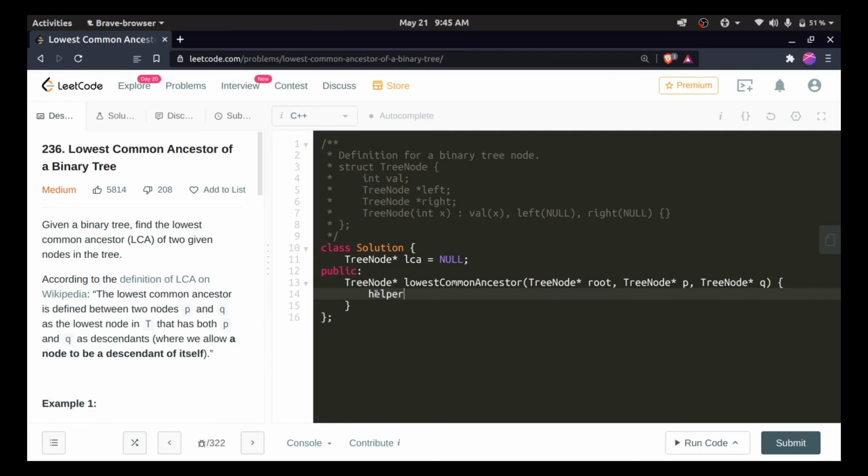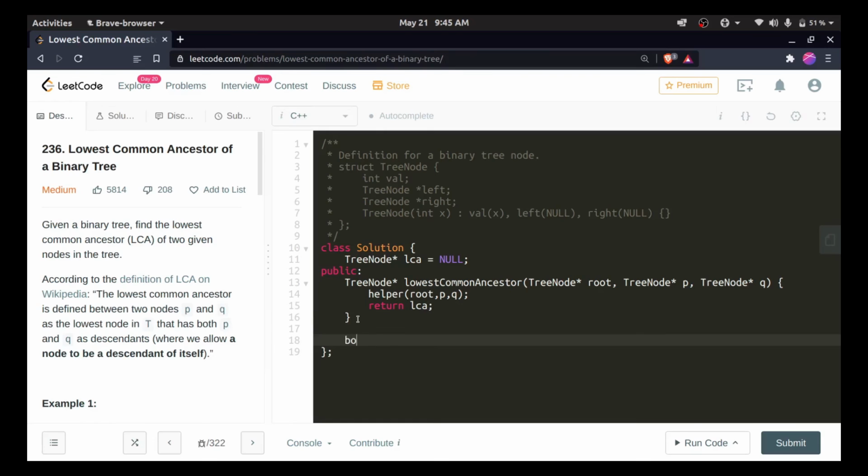I'll call my helper function with the root, passing P and Q to it, and after it is done, this helper function will calculate the LCA and store it in this LCA variable. After that, I have to return LCA.